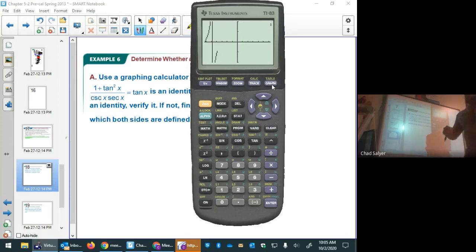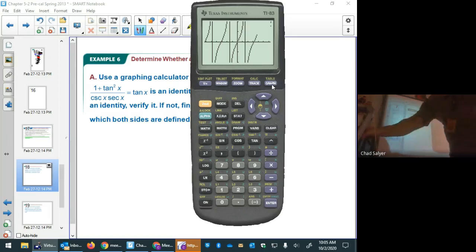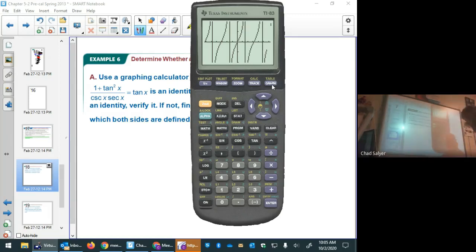Here's the first line. It's a pretty complex expression, so it's going to challenge our little TI processor. Sure looks like the tangent to me, but we'll wait and make our verdict. Oh, yeah. So you see how those lines are an exact match? So we can say now graphically, this is an identity.